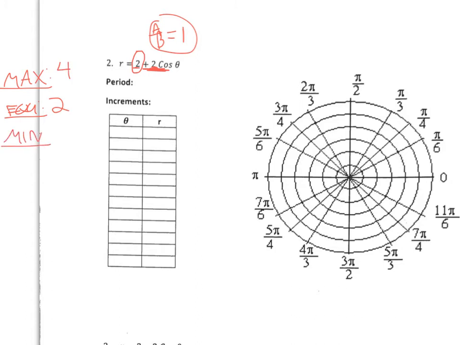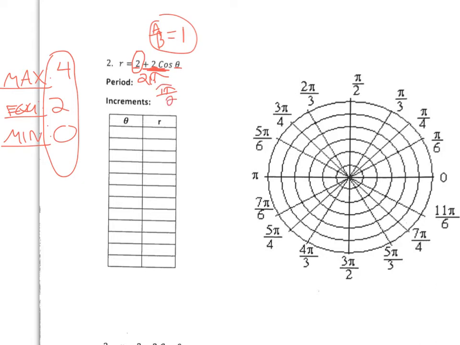The minimum, we subtract 2 from the equilibrium and get 0. These are the only values we're going to get for, normally it would have been y, but in this case it's r in the polar coordinate system. The good thing about these limacons is you always just have theta, so the period is always 2 pi. The increment is 2 pi over 4, which is pi over 2.